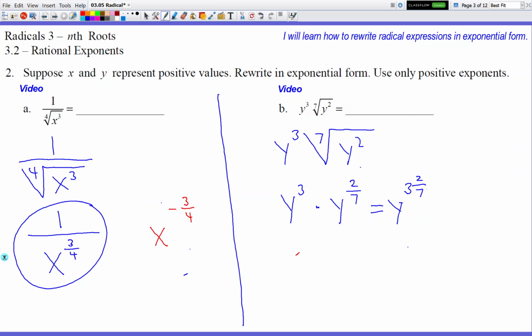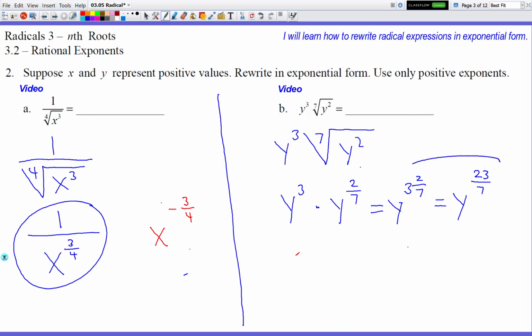You can leave your answer as a mixed number, or turn it into an improper fraction: times the bottom, so 7 times 3 is 21, add the top, plus 2 is 23. So y to the 23/7 power.